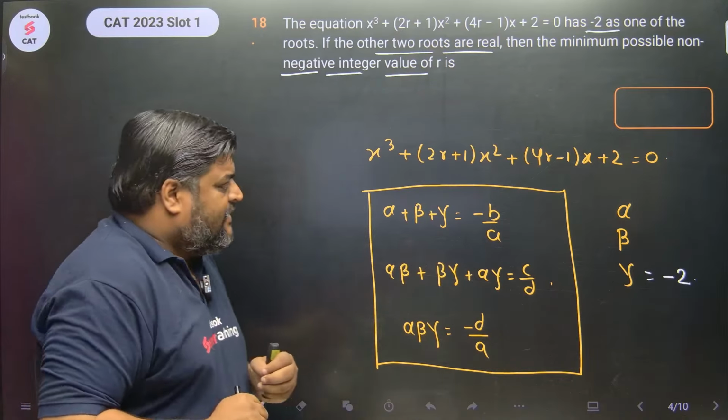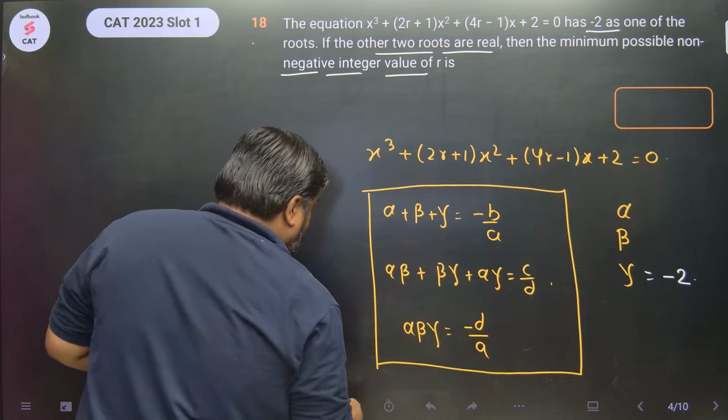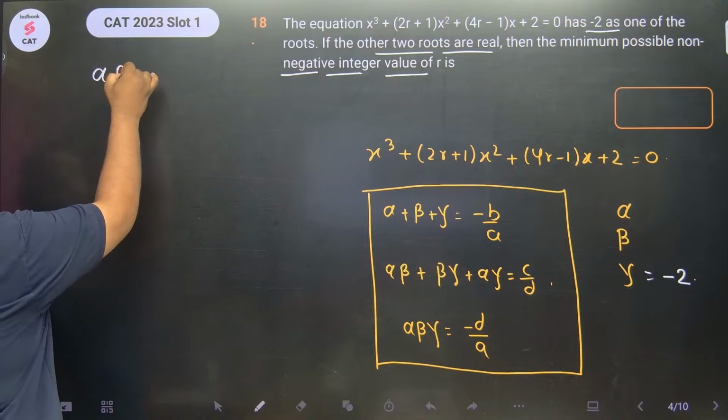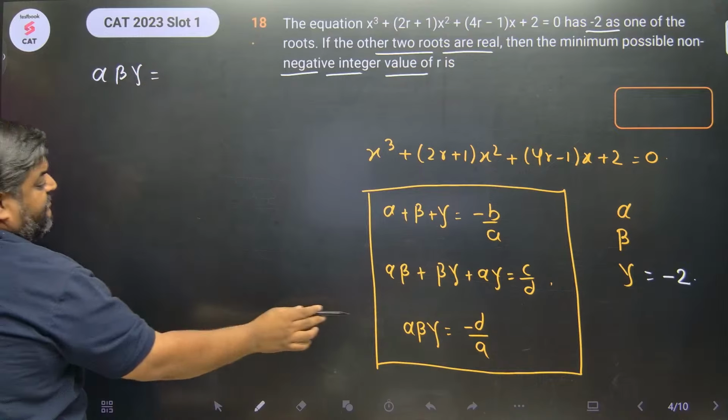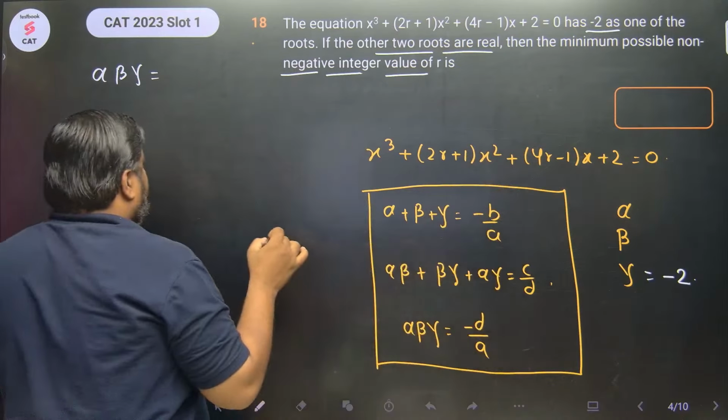We know that product of roots is minus d by a. So alpha beta gamma is minus d by a, d being plus 2, so that is minus 2. We know that gamma is minus 2, so putting the value of gamma, alpha beta is minus 2 upon minus 2, so alpha into beta would be 1.